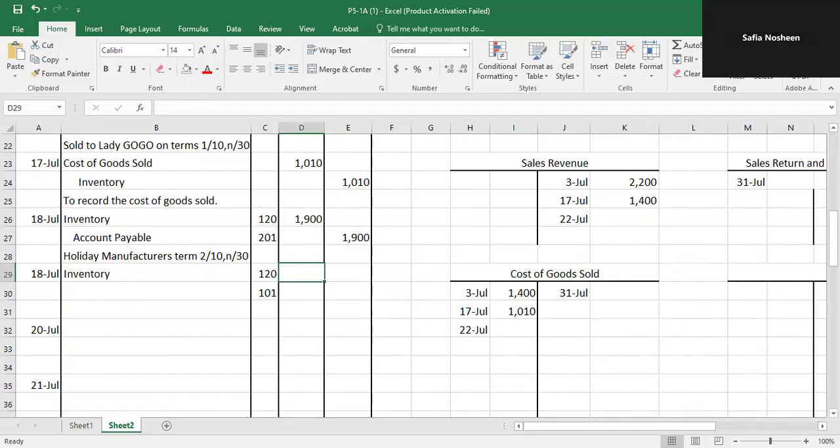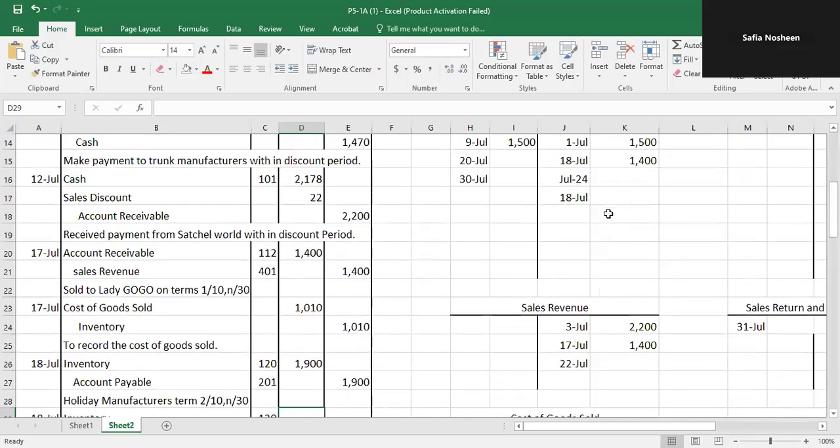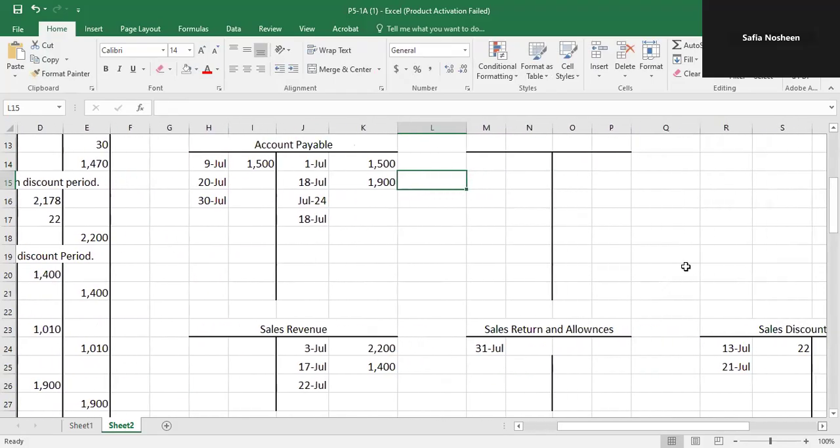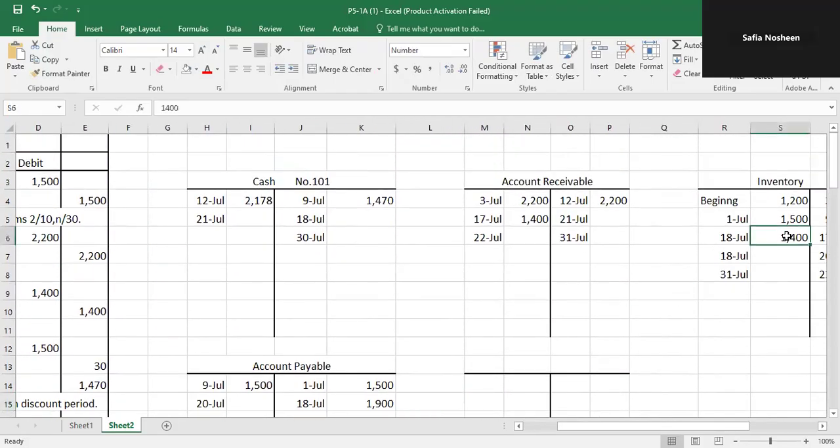The freight charges were an amount of 125. This is 1900, not the 1400. 125 are the freight charges.